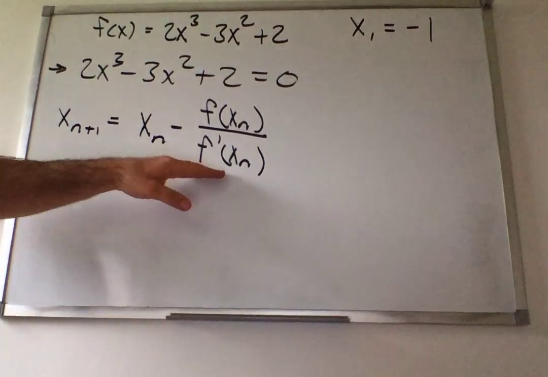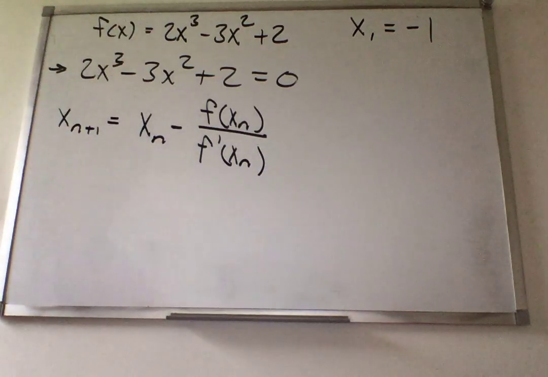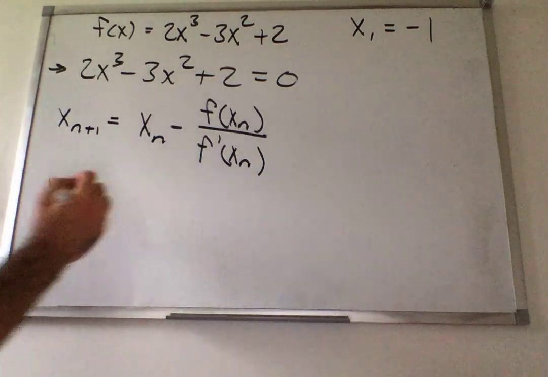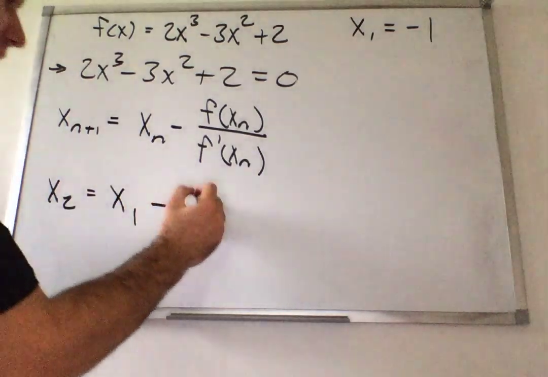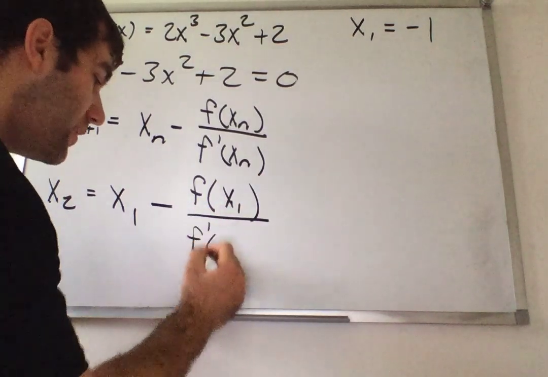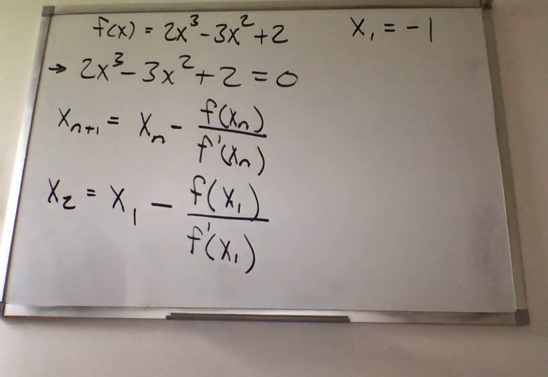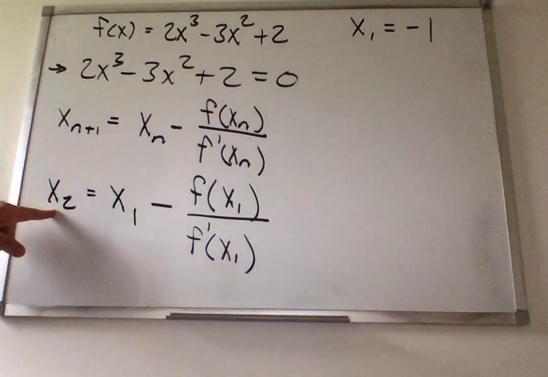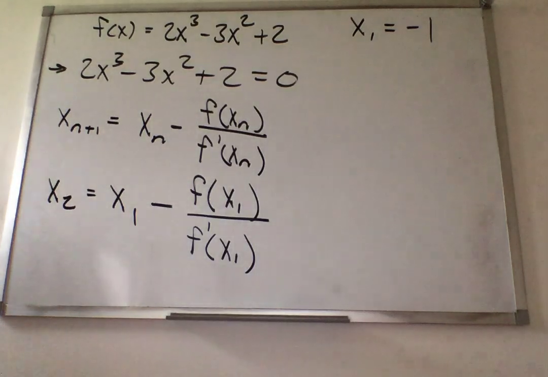So to find x2, we need our initial guess, x1, minus the function value at x1 divided by the value of the derivative at x1. Then we're going to get x2. After we have x2, we repeat the process to get x3. And that's what the question is asking us for. What is x3?